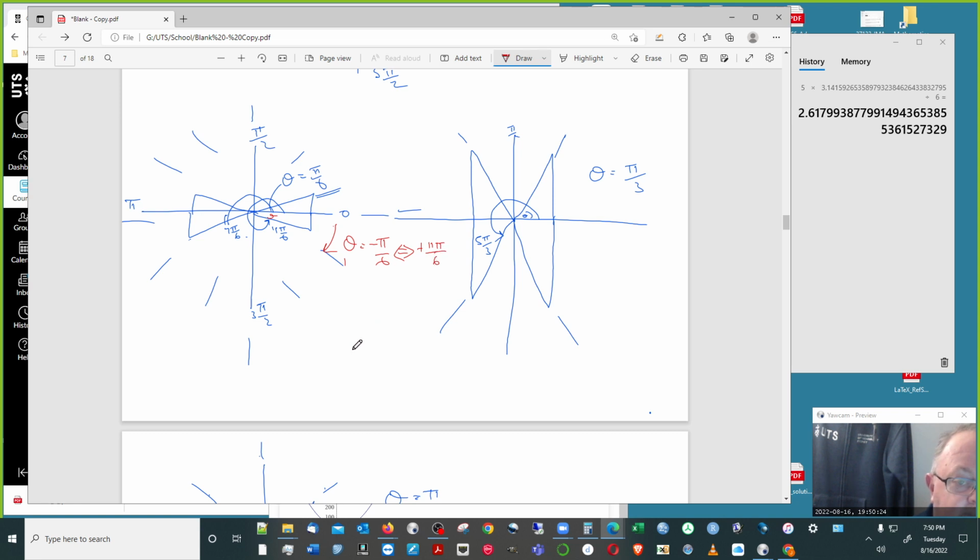Count. 1, 2, 3, 4, 5. The negative angle is negative 5 pi on 6. Guess what its equivalent is? Positive 7 pi on 6. If you get to know this, it's no longer confusing.